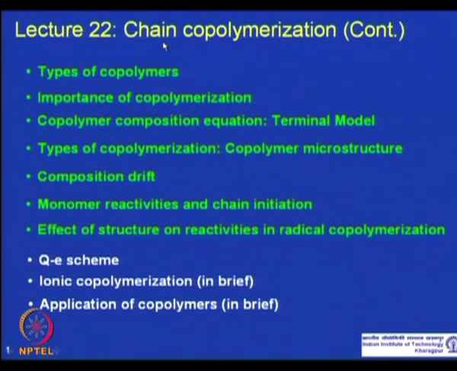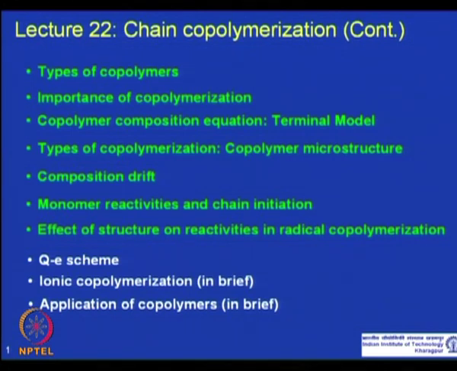Now, if you look at the slides, during the last two lectures in our discussion on chain copolymerization, we basically covered these topics: different types of copolymers, the importance of copolymerization and copolymer composition, and the microstructures, alternate, random, and blocky structure.